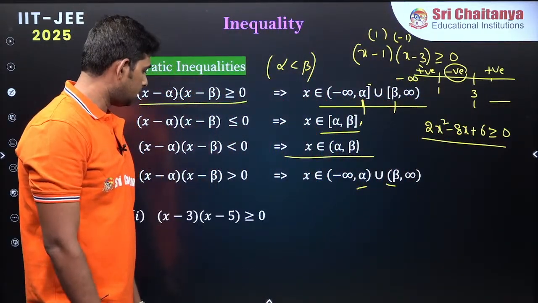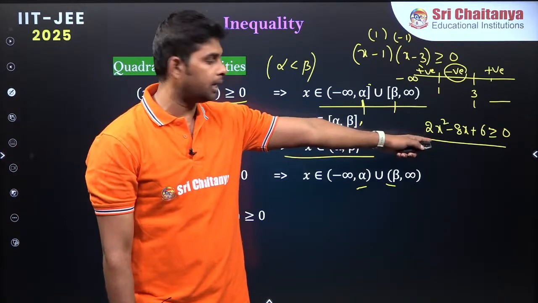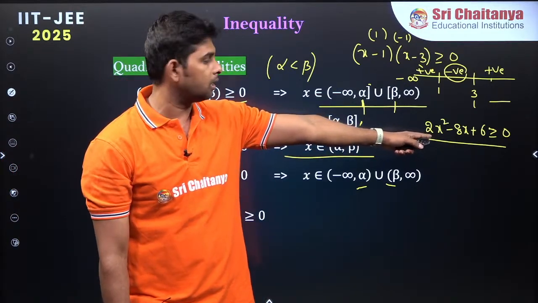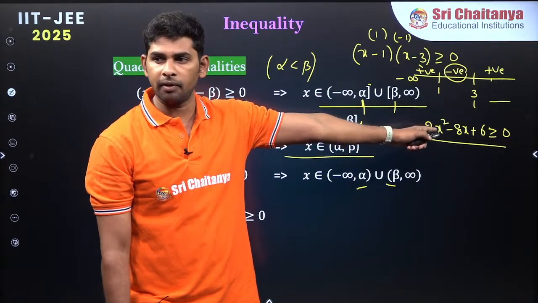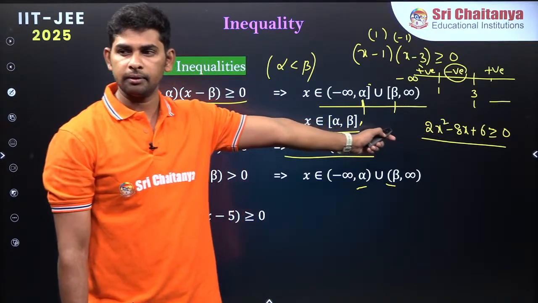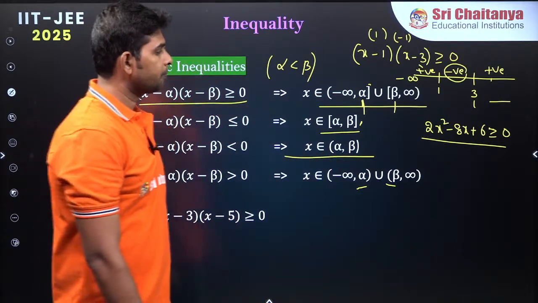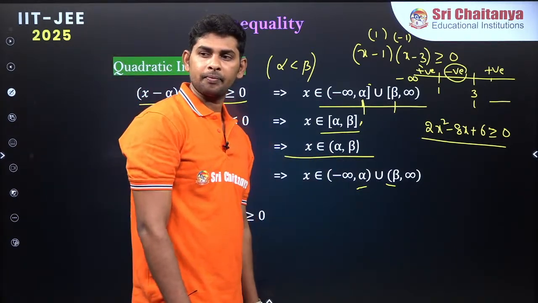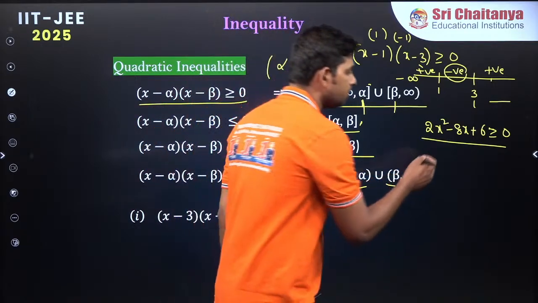Right, so I have given an inequality here, which includes a quadratic expression, and it is not factorized. You need to factorize and simplify further. Okay, so very nice. I am going to simplify this further.